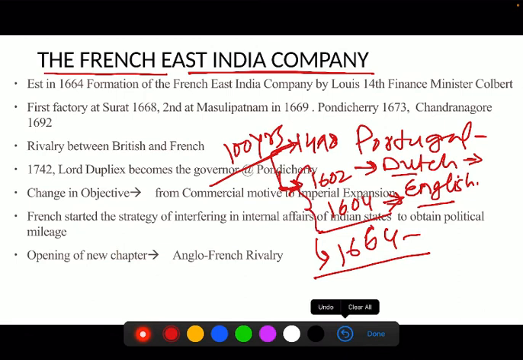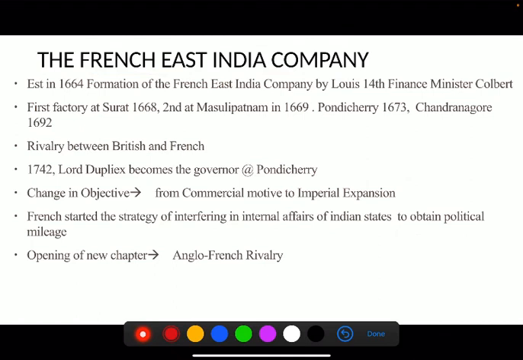The answer is, the French East India Company tried to come to India in 1604 itself, but they were not successful. One ship started, but the ship never reached India, and it is still not known where it went. It might have missed its way, or all the sailors of the ship might have died.